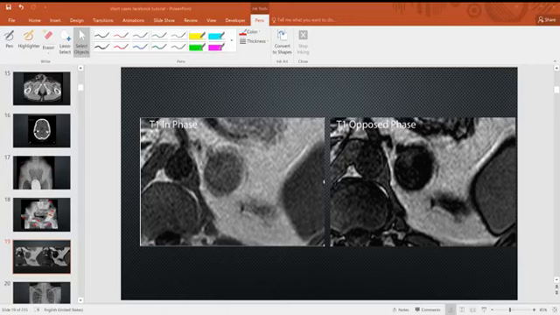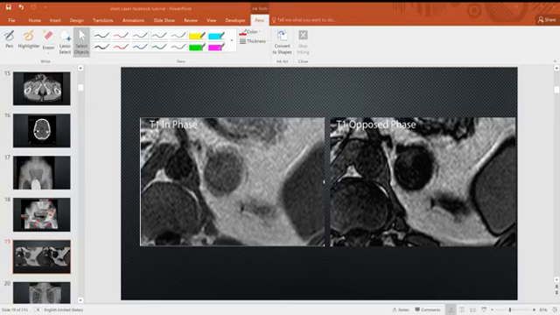What is the spot diagnosis of this patient? Someone wrote left adrenal adenoma, a good answer. It is left adrenal adenoma, lipid rich type.